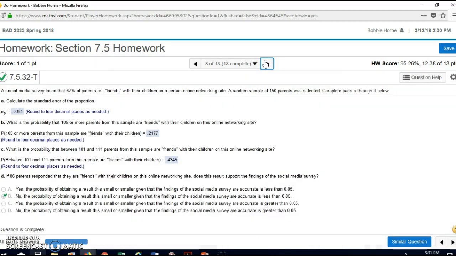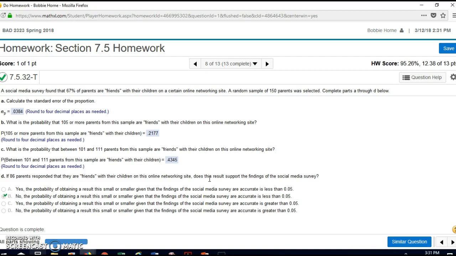Question number 8. Let's see here. Standard error of proportion, same calculations. But down here, if 86 parents responded they are friends with their children on online network sites, does this result support the findings of the social media? Well, what you can do there on 7.5, problem 8, let me look at my calculations. You can actually work this one out and see if it makes sense.